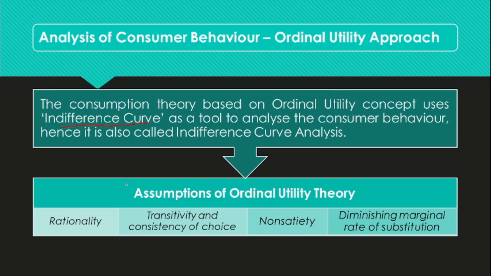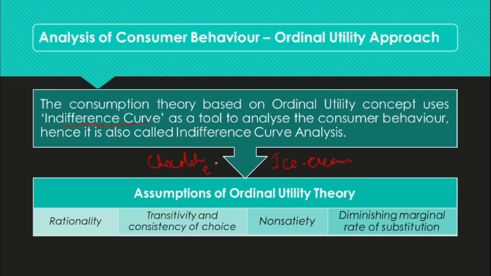For example, if a consumer is using only two commodities, chocolate and ice cream, and he is using his limited income in a rational manner, using both products in such a way that he is maximizing his utility, that means he is gaining the maximum satisfaction out of the consumption of these two items.